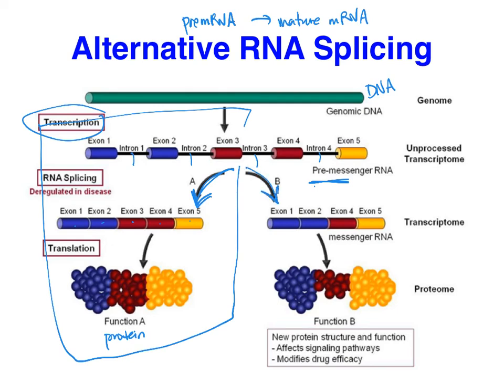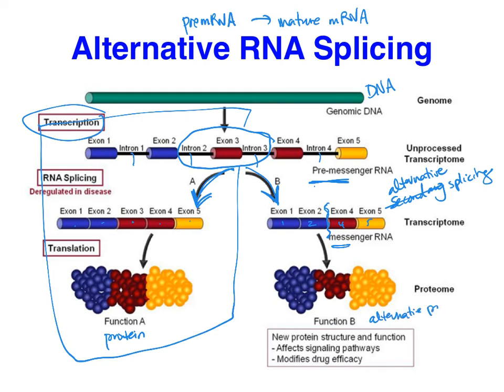In the same person's body, we can do this secondary splicing, or let's call it alternative splicing, where here we're keeping exon 1, 2, you can see we're splicing out intron 2 and 3 and also exon 3, but then exon 4 and exon 5 are left in. So now we've got a different version of a mature mRNA that's going to code for a slightly different or alternative protein. And this protein might have a different structure and a different function inside the cell.